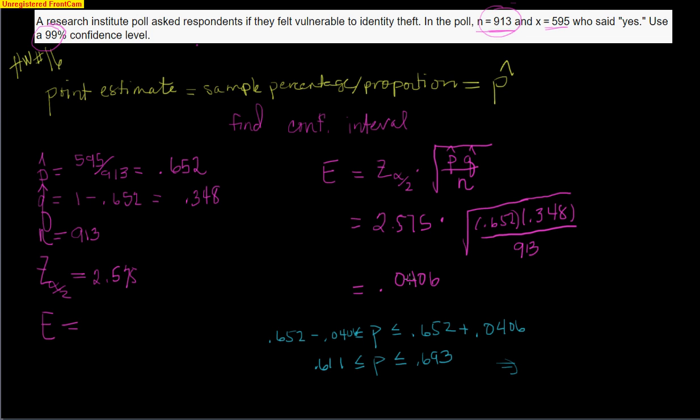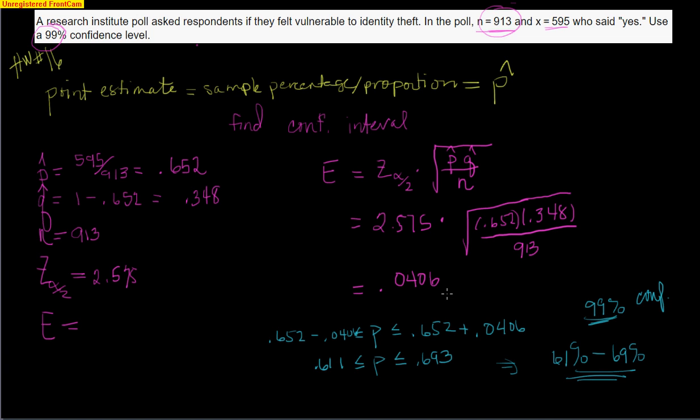What that basically means is that the percentage of people in the population who feel vulnerable to identity theft lies somewhere between about 61% and 69%. You can conclude that with 99% confidence, which is a high level of confidence.